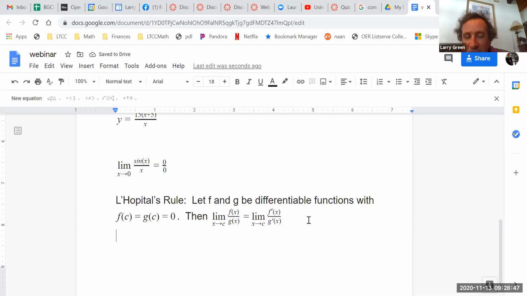So this is a beautiful theorem, and beautiful meaning it saves you a whole lot of time.